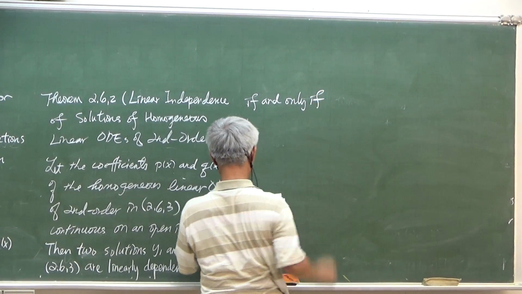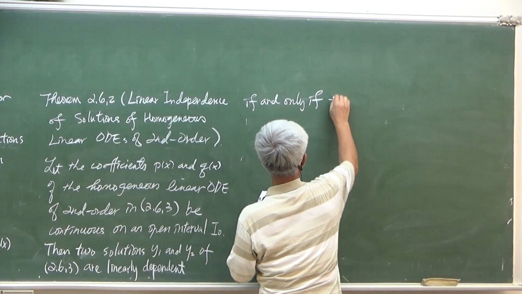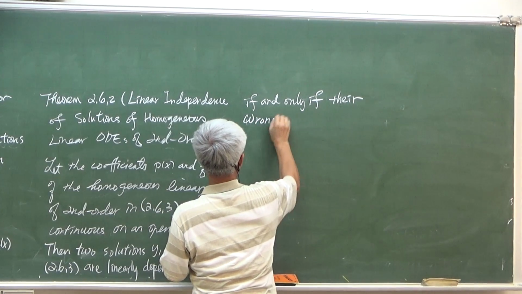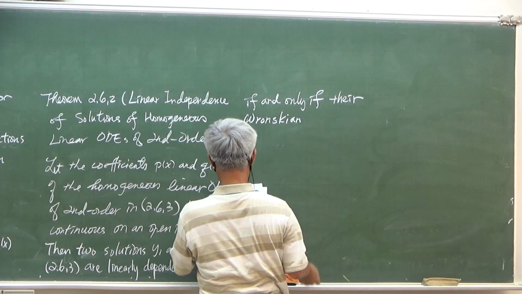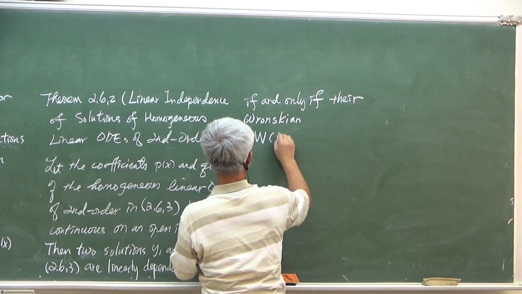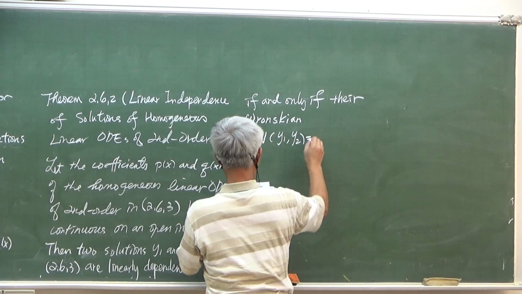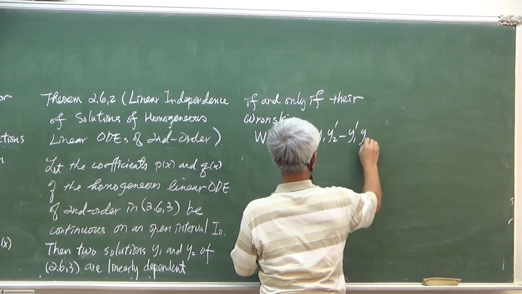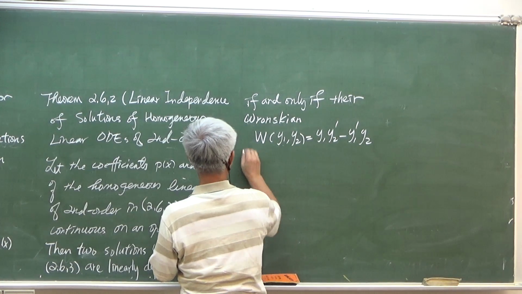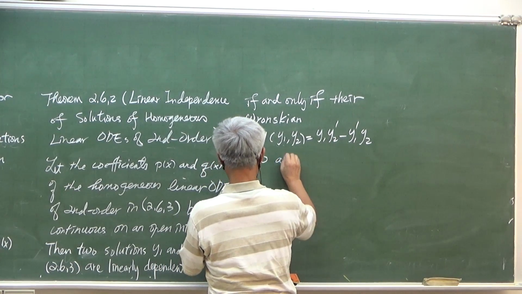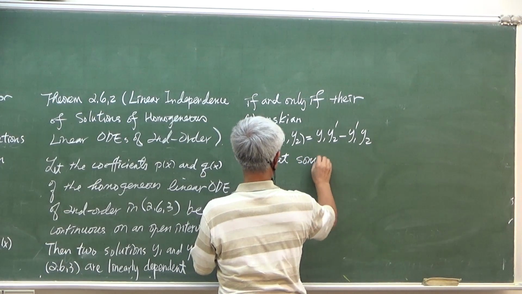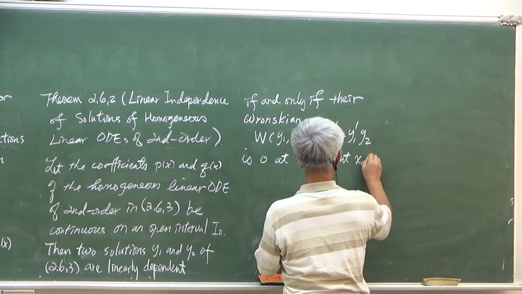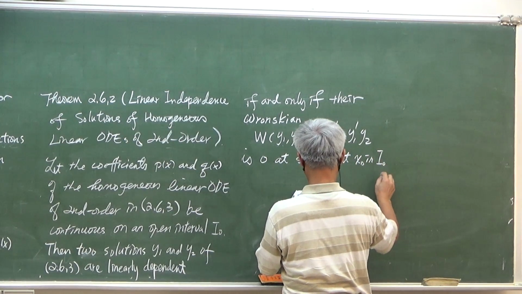if and only if the Wronskian is 0 at some point x0 in I0.